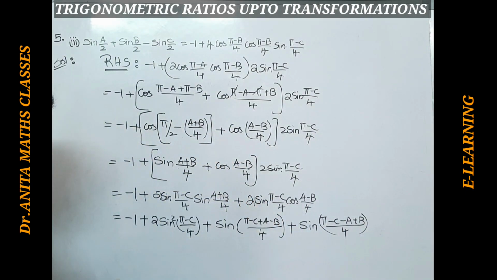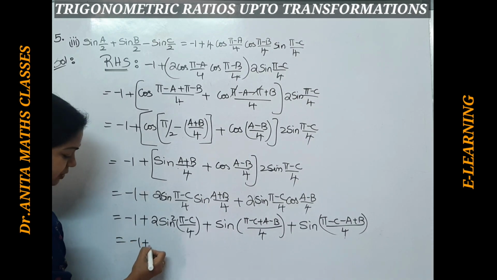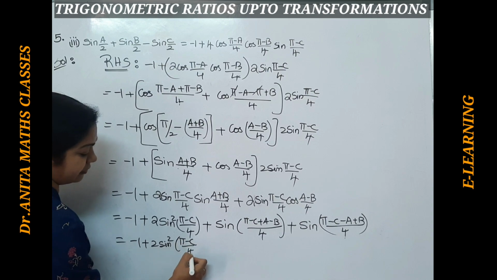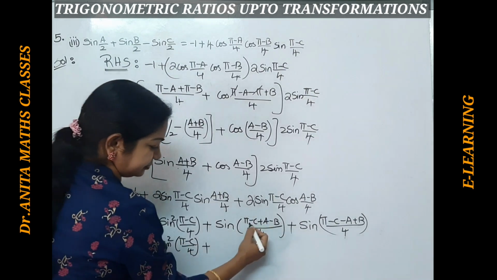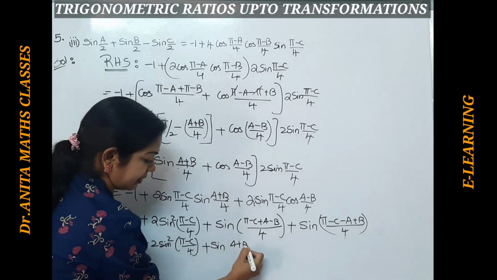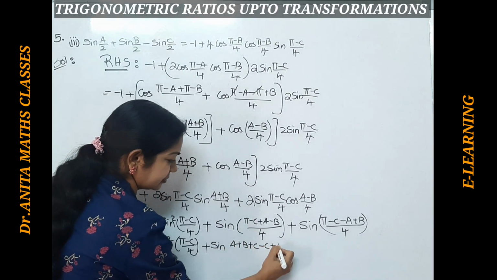So this becomes minus 1 plus 2 sine square of pi minus c by 4, plus here just open it up. I'm writing the pi value as a plus b plus c.